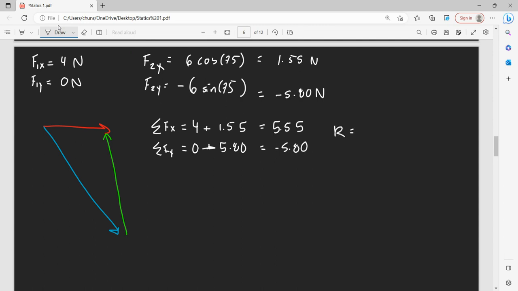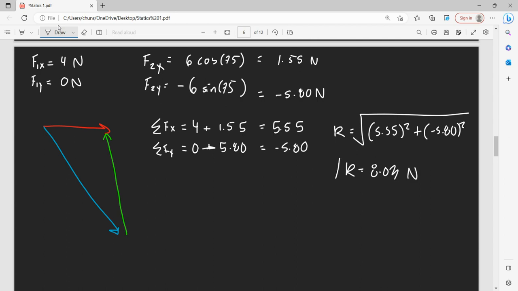Then our resultant magnitude is the square root of 5.55 squared plus negative 5.80 squared, and that gives 8.03 newtons.